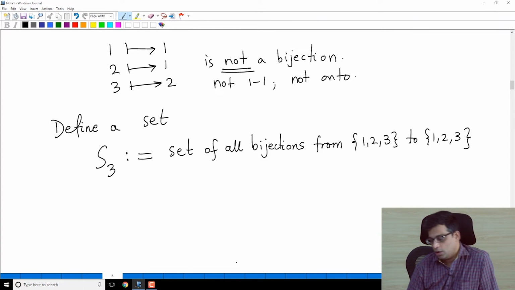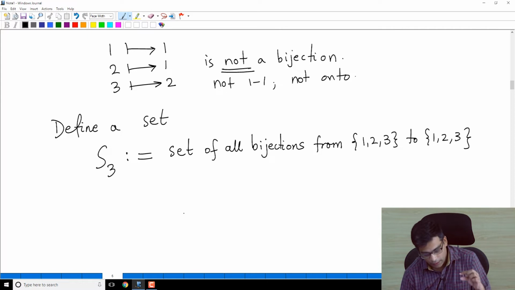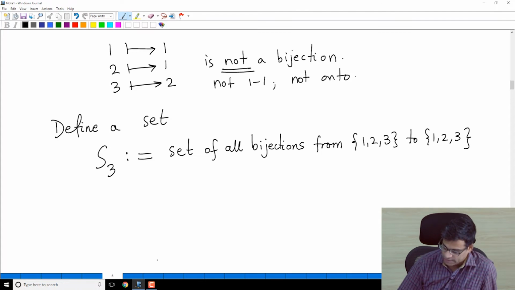So this is the set of all 1-1 and onto functions from this set to that set. I started with a set consisting of 3 elements, and I have defined a new set consisting of all bijections from it to itself.